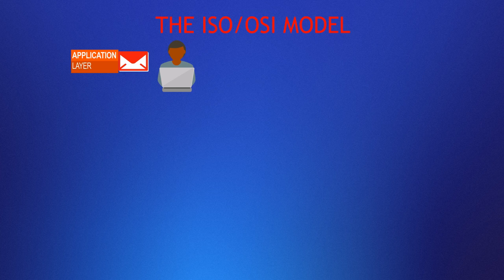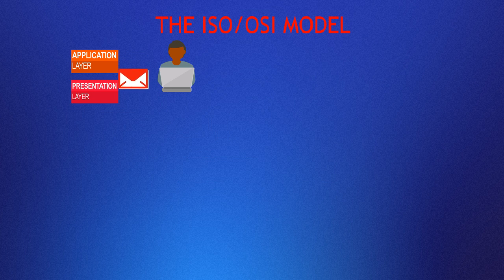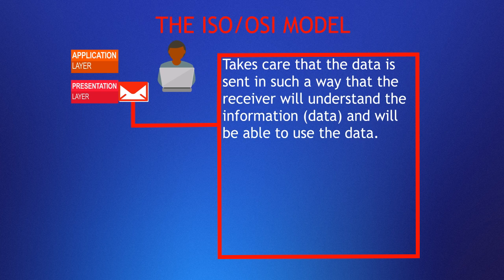The composed message will have to be presented in a way that is accepted by the networking devices. That is where the presentation layer comes in. The presentation layer is responsible for converting the data into a generic format for network transmission.